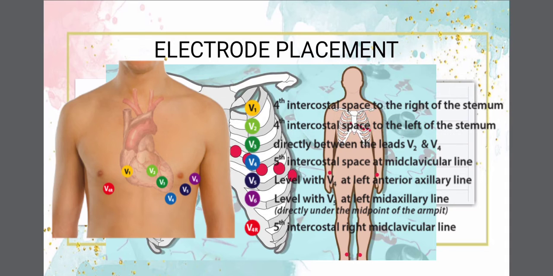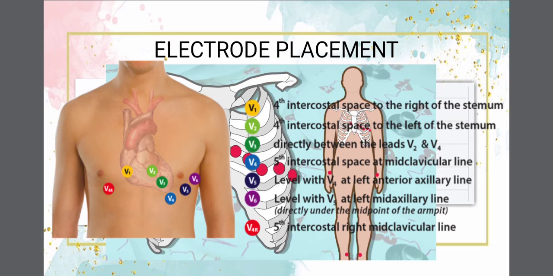V5 is placed on the left anterior axillary line on the same horizontal plane as V4. V6 is placed on the left mid-axillary line on the same horizontal plane as V4 and V5.